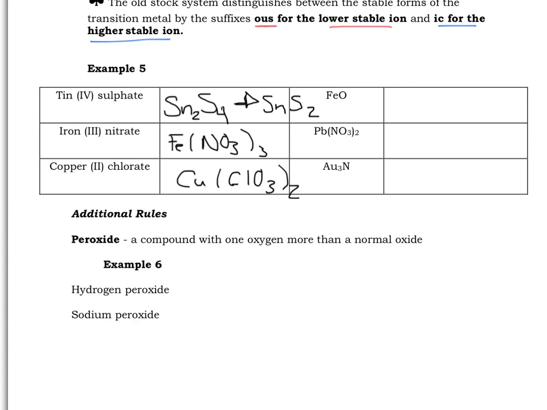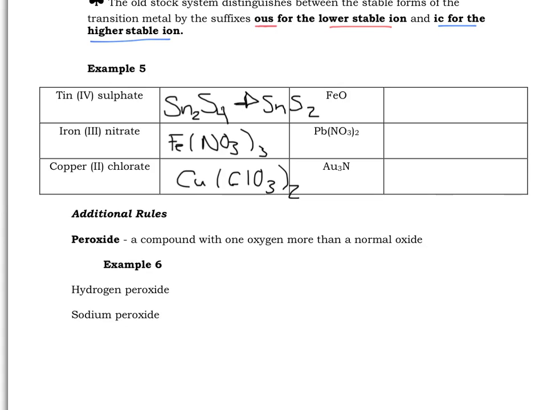So what I have here are the formulas for the names that were given. So I've got tin 4 sulfate, iron 3 nitrate, and copper 2 chlorate. I just sort of want to highlight the fact that the tin 4 sulfate, we're reducing the subscripts. And with the nitrates and chlorates here, because we have multiple nitrates or multiple chlorates, we're going to put brackets around the polyatomic ion and then put how many of the polyatomic ion we need.